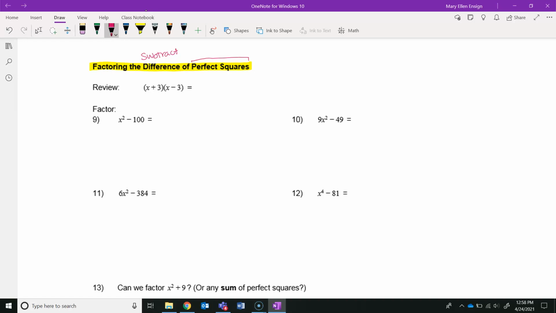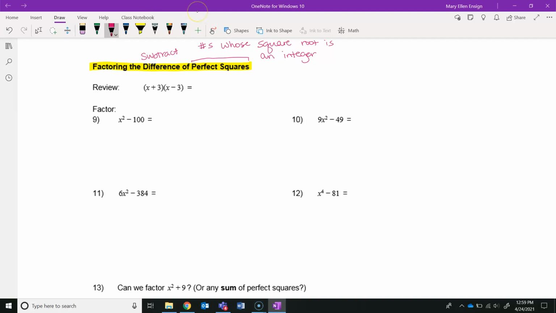We talked about those in chapter 7. So they're numbers whose square root is an integer. So it's numbers like 25 and 49 and 4.